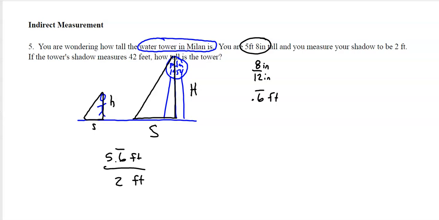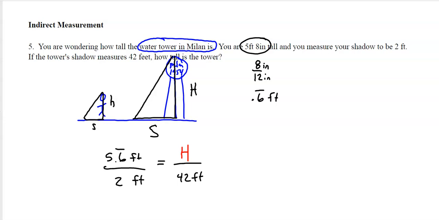So my shadow is a little less than half of me. So then we know the actual shadow of the tower, but we do not know the big H. We don't know the true height.